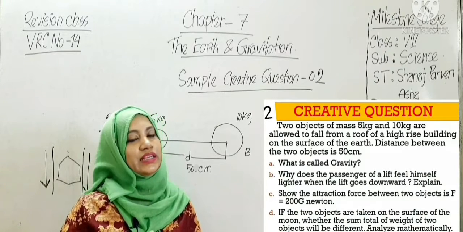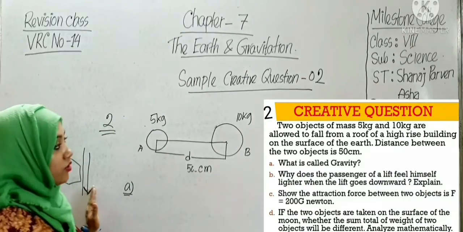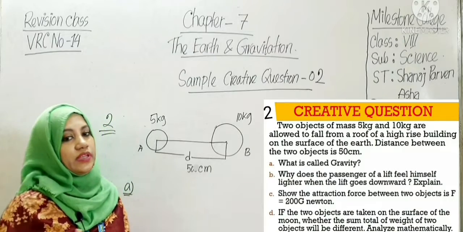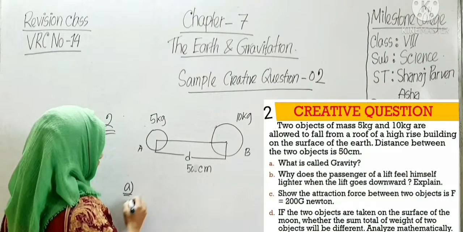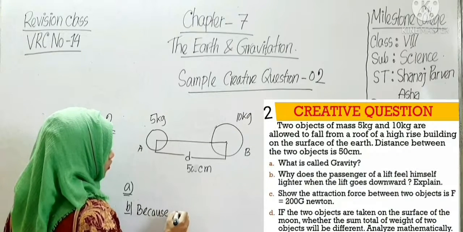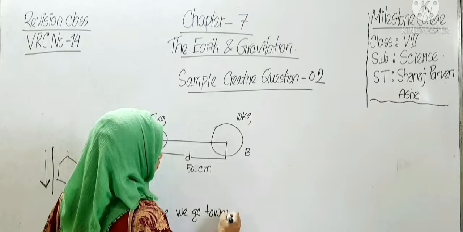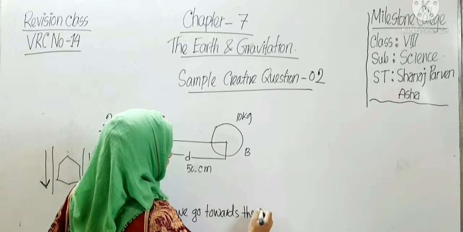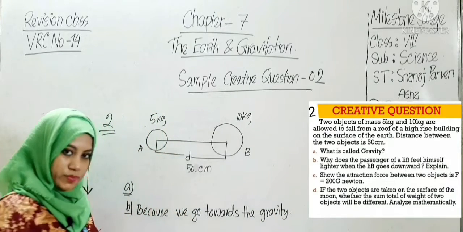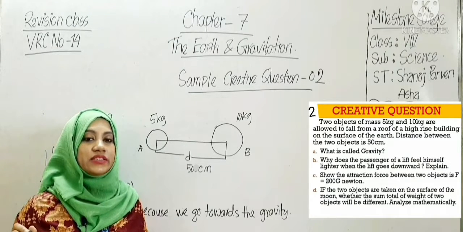Got it? So the answer, what we will write in case of B, the knowledge base part, we will write: we go towards the gravity. This is the knowledge base part, and then we will explain in details.